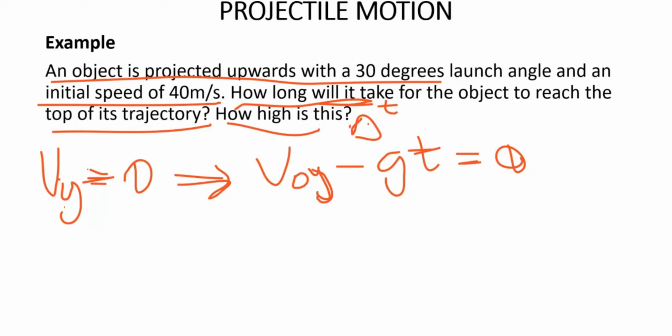Okay? Now for us to get the t, we're looking for the t. Then we know that t is equal to V0y over g.